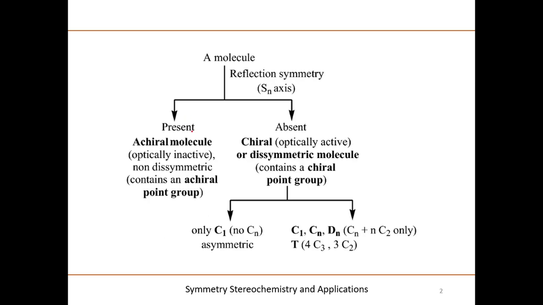But if reflection symmetry and improper axis of rotation are absent, then the molecule will be chiral and optically active, and these molecules can be disymmetric or asymmetric depending on our point group. So these molecules have a chiral point group.